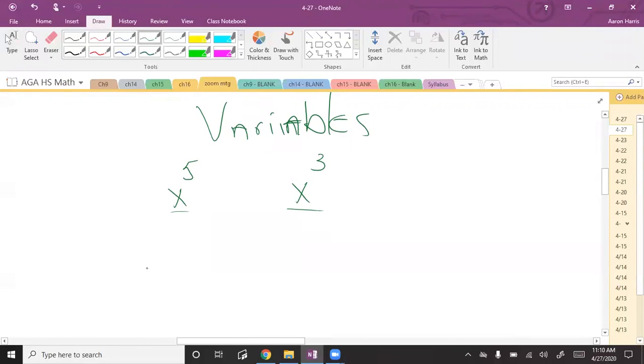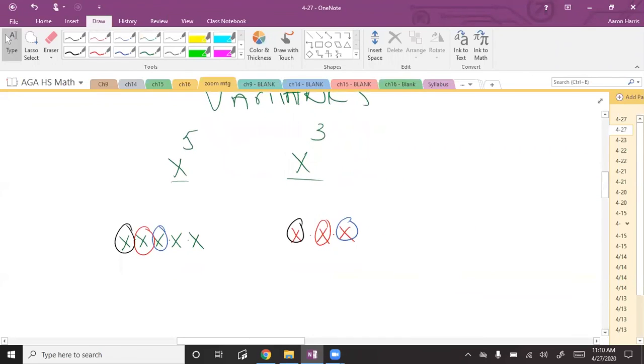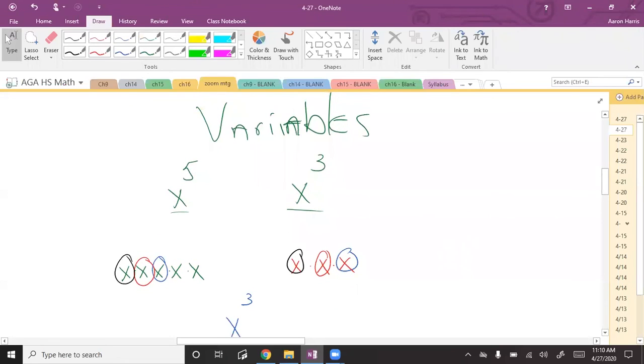So now, x to the 5th means x times x times x times x times x, and x to the 3rd means x times x times x. So you do the same thing. I got a pair there, a pair there, and a pair there. So how many of those x's can I pull out? You guessed it, 3.